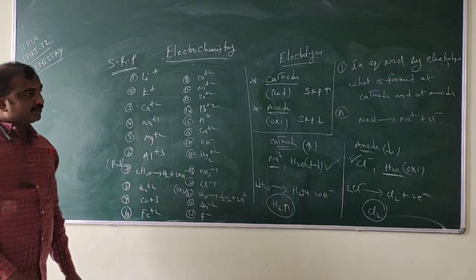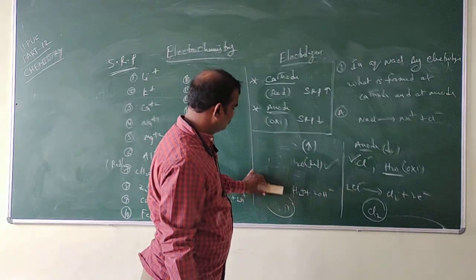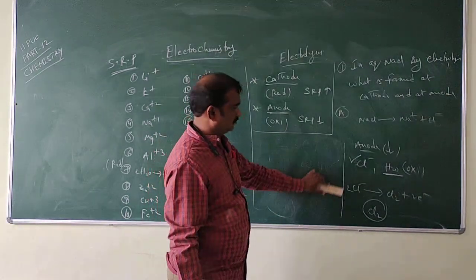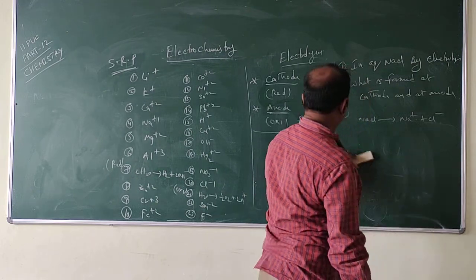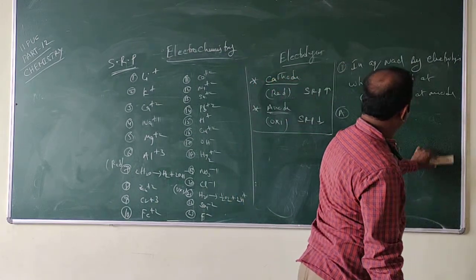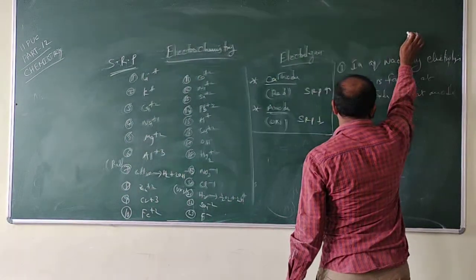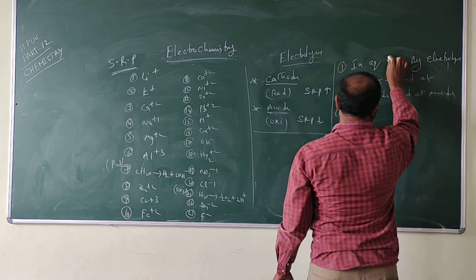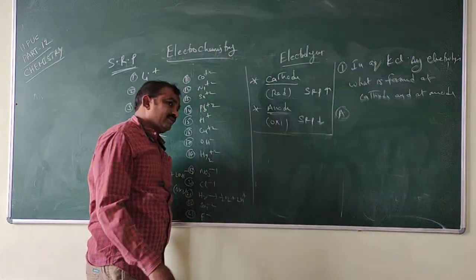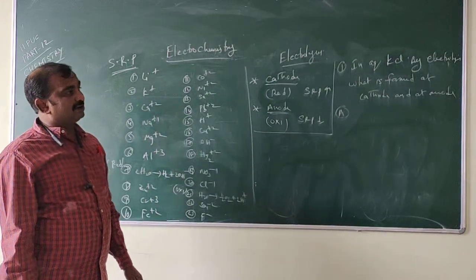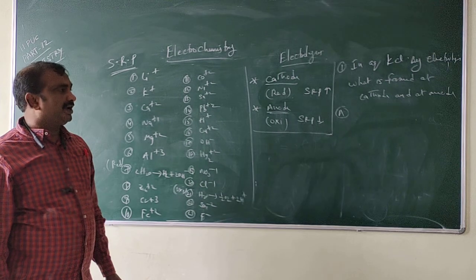Next question. See here. In aqueous KCl by electrolysis, what product is formed at cathode and what product is formed at anode?